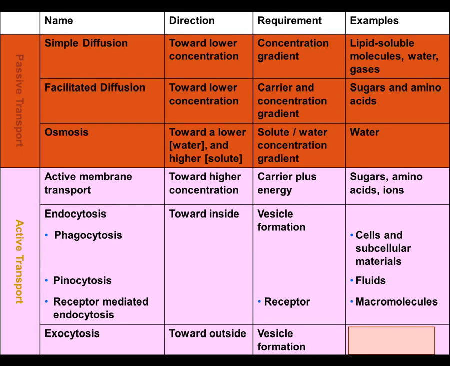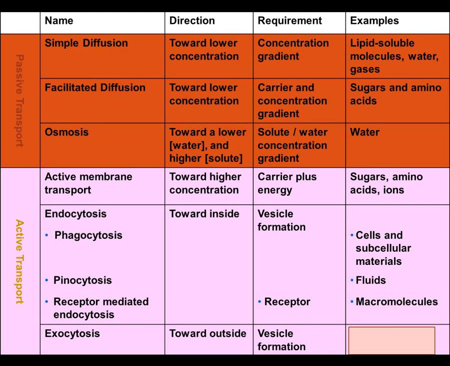In order to do this, the vesicle has to be formed, and whatever's going to be secreted has to be put together. Remember our rough ER manufactures proteins, the vesicles form there, are modified at the Golgi, and then packaged for release. Those vesicles can get exocytosed out.